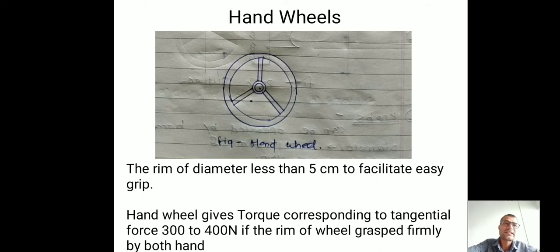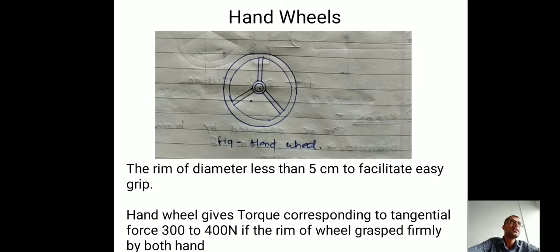Then this hand wheel gives torque corresponding to a tangential force of 300 to 400 Newton if the rim of the wheel is grabbed firmly by both hands. The meaning is very clear.